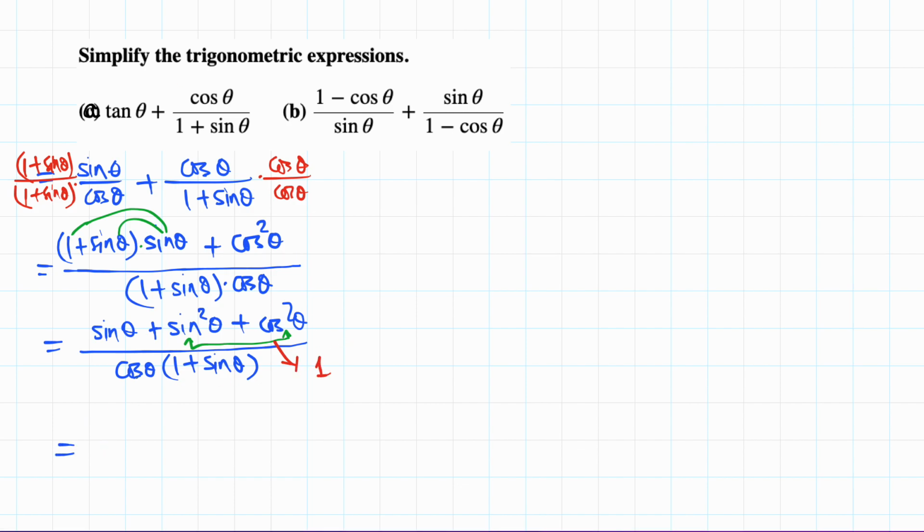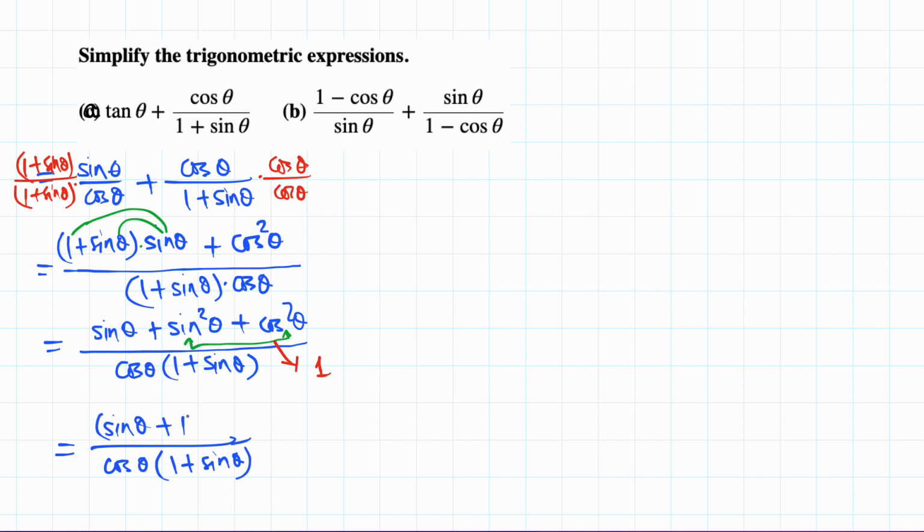So that means I got sine theta plus the whole thing, which is 1, all over cosine theta times 1 plus sine theta. Oh, this is sine theta plus 1, which is also 1 plus sine theta, because the order of addition doesn't matter.